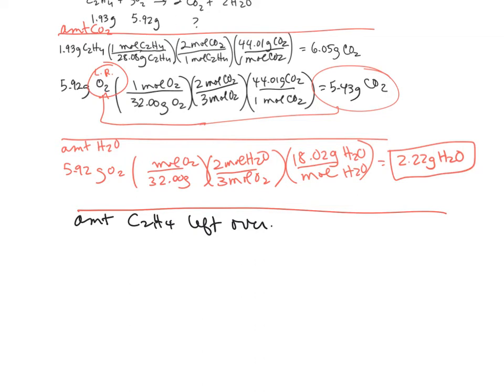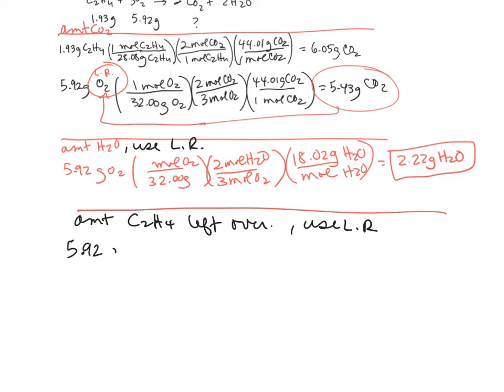So we're going to calculate the amount consumed, and then we do the subtraction to get the amount that's left over. All right, so we're going to use the limiting reactant again, and we used it here as well. Once you know the limiting reactant, you use it to calculate everything else you need.